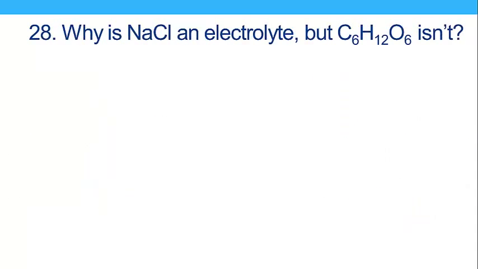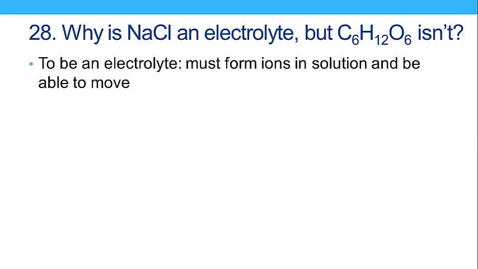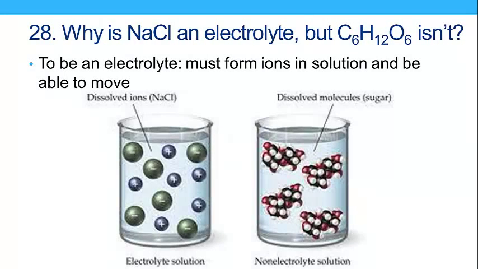Why is sodium chloride an electrolyte, but glucose isn't? To be an electrolyte, there are 2 conditions that we must meet. We must form ions, and those ions must be able to move. If you drop NaCl into water, it's going to form Na+ and Cl- ions. These ions are able to freely move in the water.